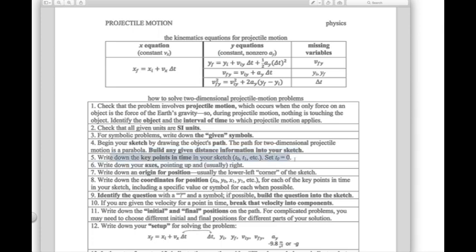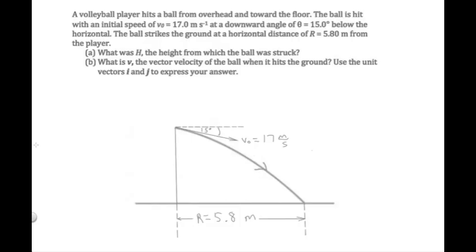Next step, let's write down the key points in time. I would say that there are 2 key points in time in this problem. Here's one, and we can generally set the first point in time in the problem equal to 0. So I'll do that, and I'll say this is the second key point in time. So I'll call that t sub 1. Why are those the key points in time rather than any of these other points in the middle?